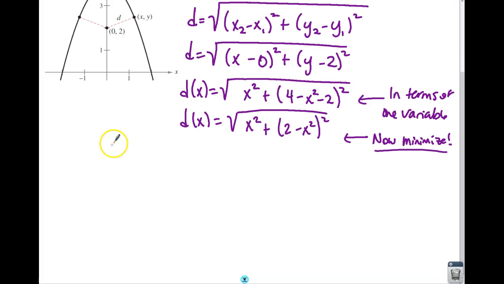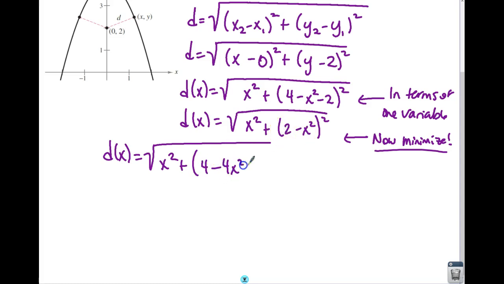So I'm going to say the distance is equal to the square root of x squared plus, I'm going to go ahead and apply FOIL here, so 4 minus 4x squared plus x to the fourth. Okay, and then I can combine that, so d is equal to the square root of x squared minus 4x squared.